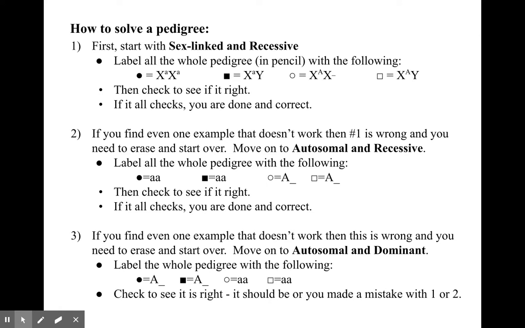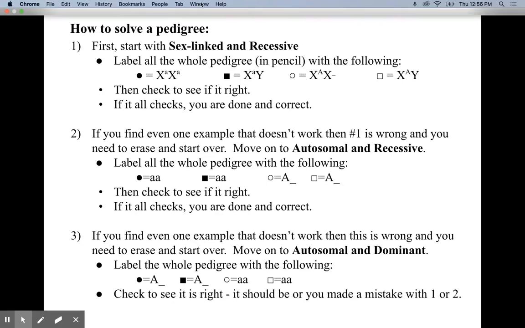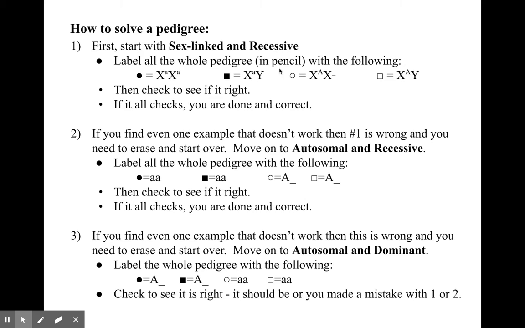Mr. Halverson, who teaches AP Bio, he says you should first start with sex-linked and recessive, and you should label the whole pedigree like it's sex-linked and recessive in pencil. Then you go and see if it makes sense, like if it can happen that way. And if you can prove it wrong, then you erase and you move on to the next one.